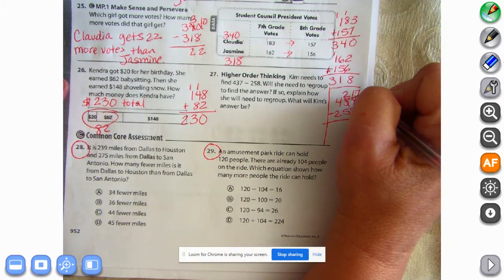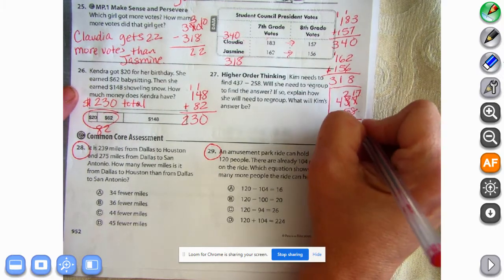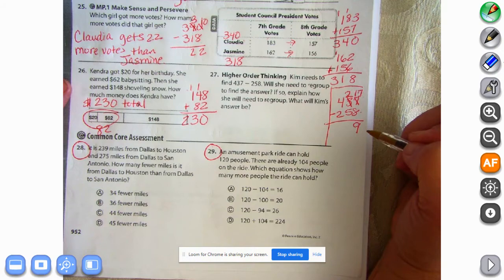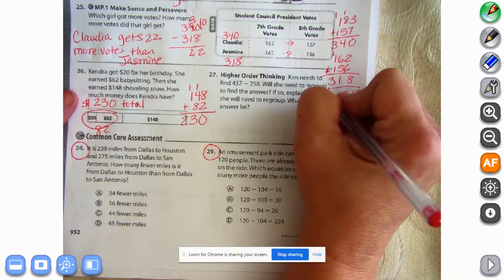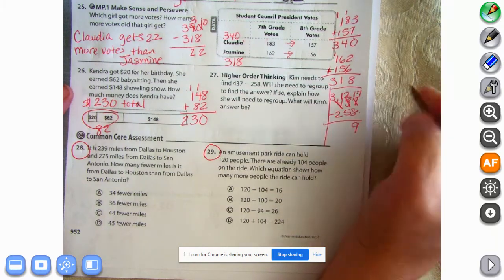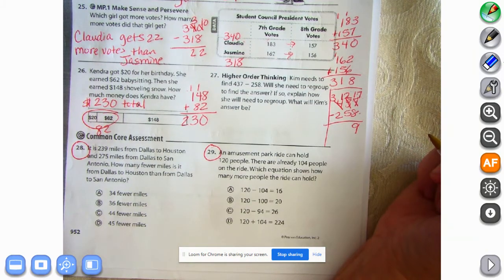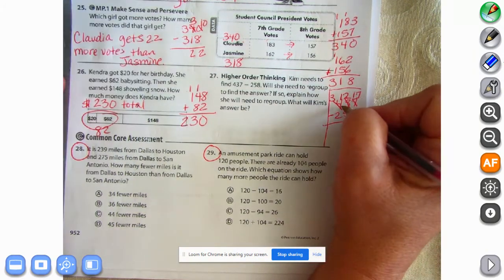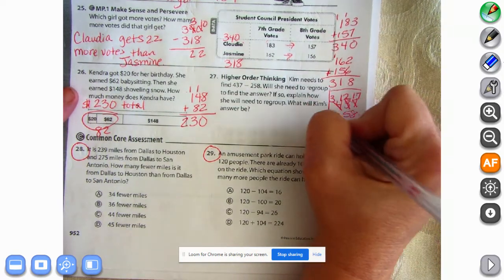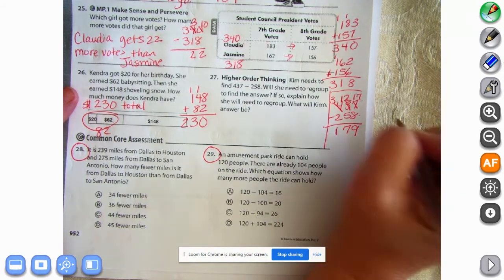Now I can subtract. 17 minus 8 is 9. 2 minus 5. I can't take 50 out of 20. So I'm going to take one of these 100 blocks and break it up, and I'm going to regroup that as, actually it's 120, but we see 12 minus 5 is 7. 3 minus 2 is 1.